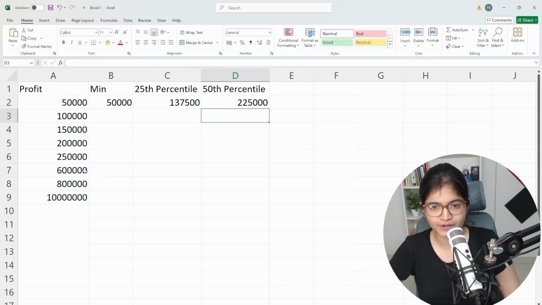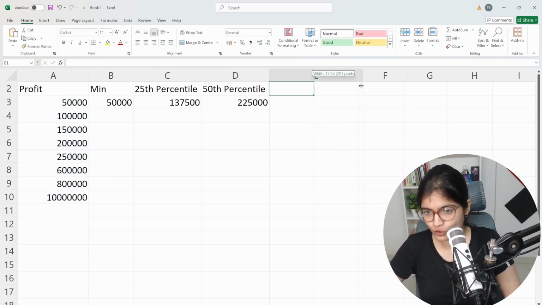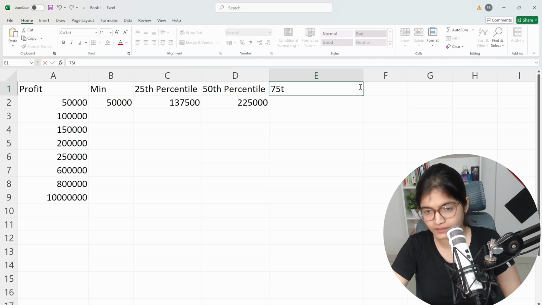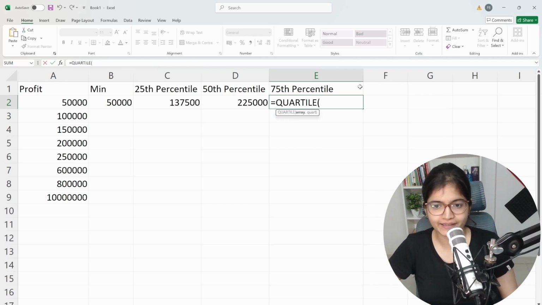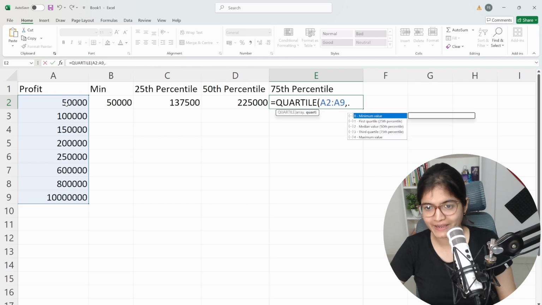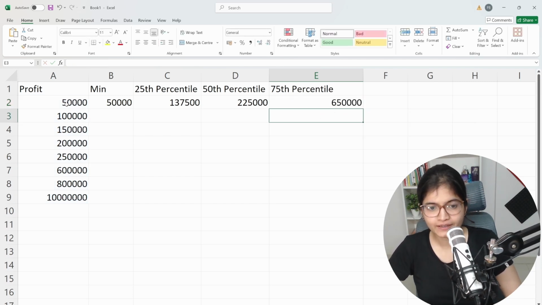This will give you the 50th percentile. Similarly, if you want the 75th percentile, how can you do that? You can mention equal to quartile, and here again pass this array and mention the number 3, right?